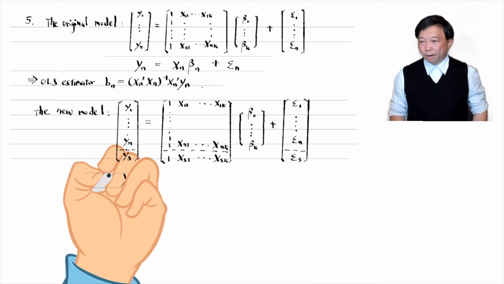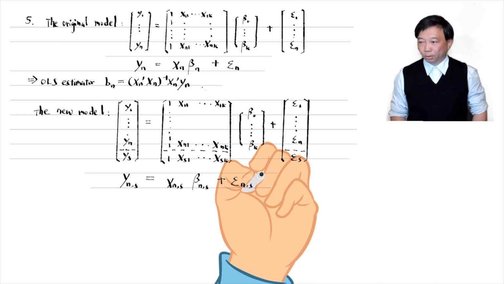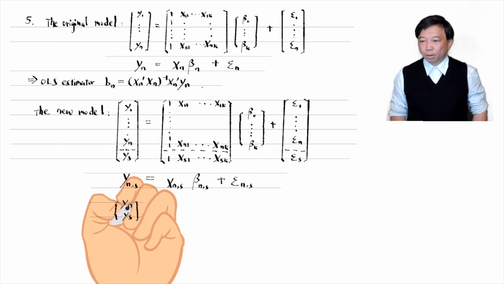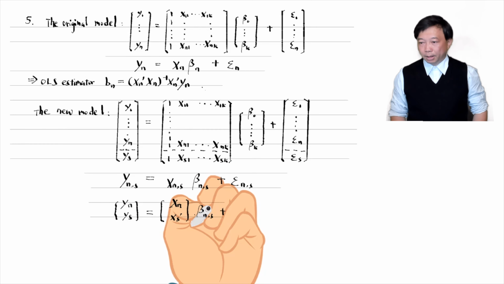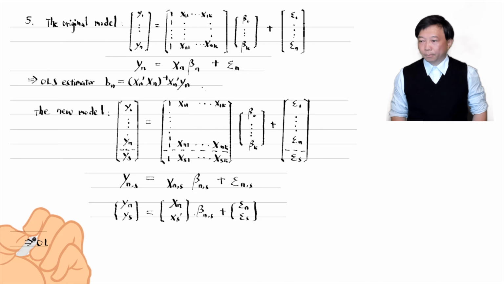The new OLS estimator is based on all n plus 1 observations. The Xns is a matrix, and the Yns is a column vector. The xs is a column vector and the ys is a scalar.